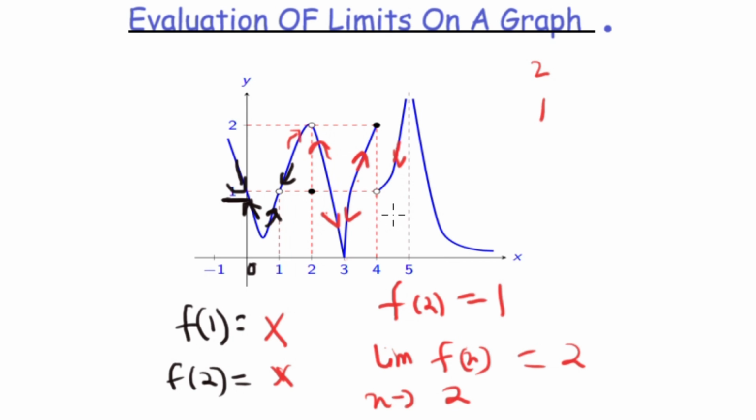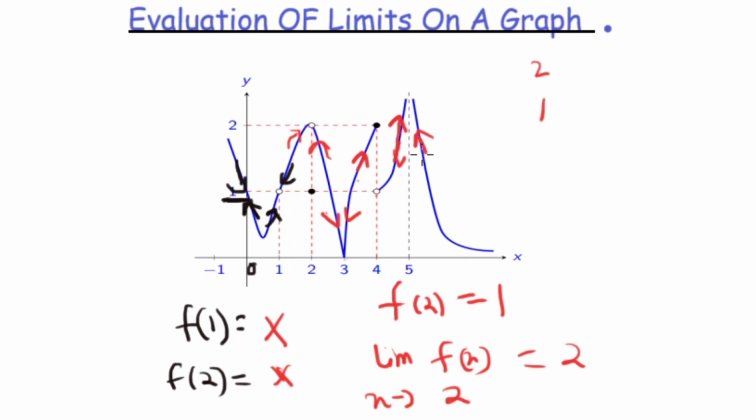Please stay with me. After this, we'll identify the types of discontinuities that we are getting for the various values of x. Now, let's consider x equal to 5. From the left as we approach 5, and also from the right as we approach 5, we notice that the curve goes upwards.